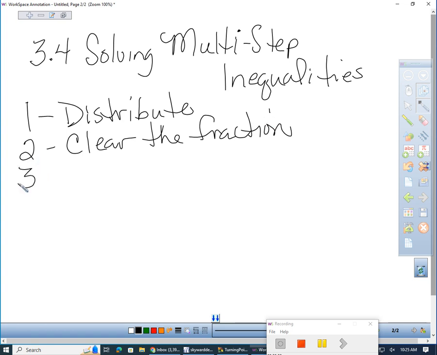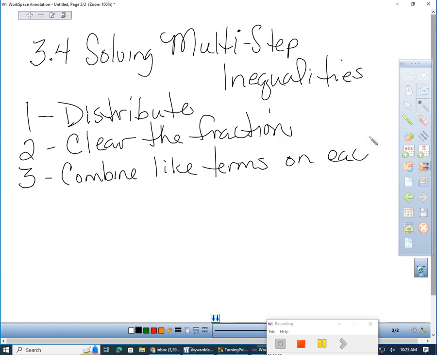Step 3, combine like terms on each side. This is a really important step. Step number 4, remember we wrote this a little bit different. We said move your variable term to the left.